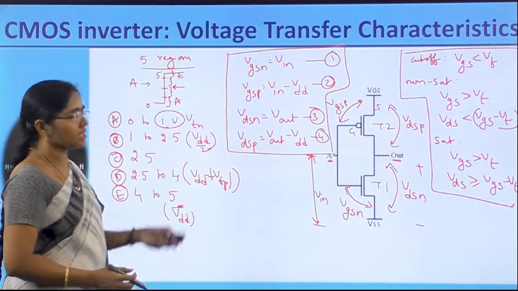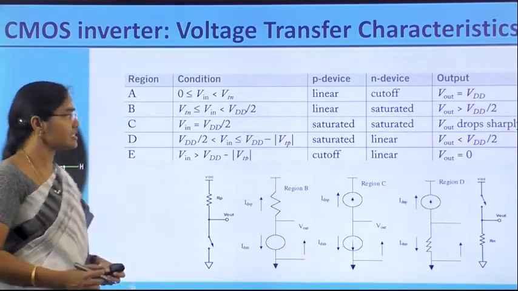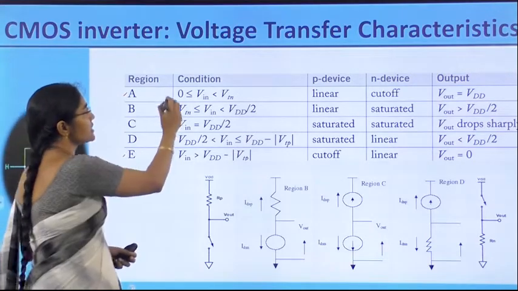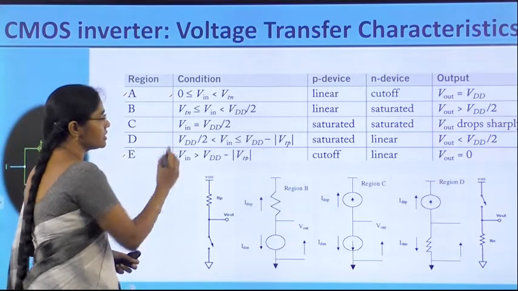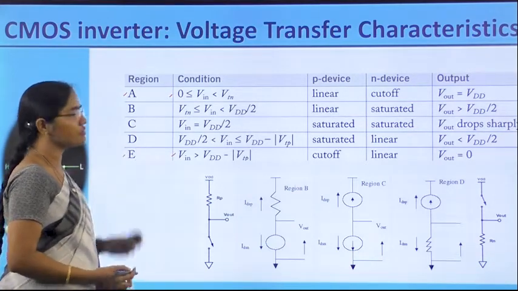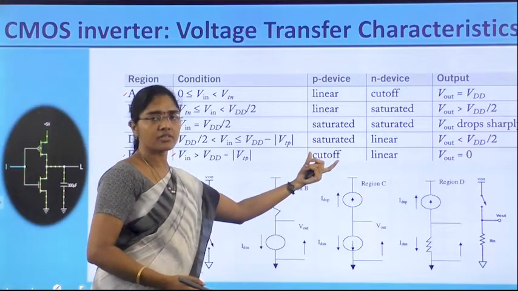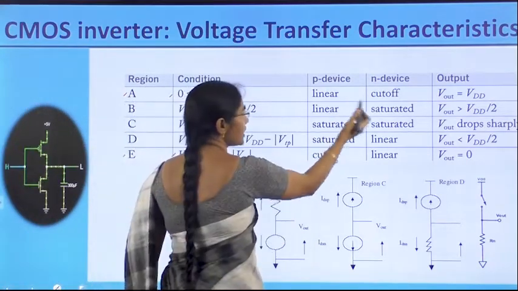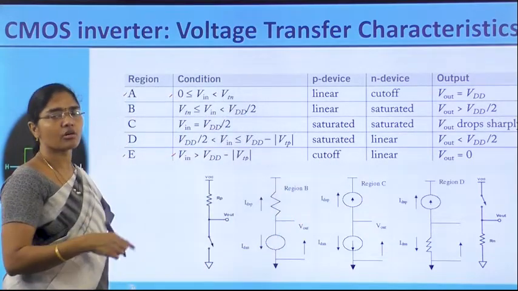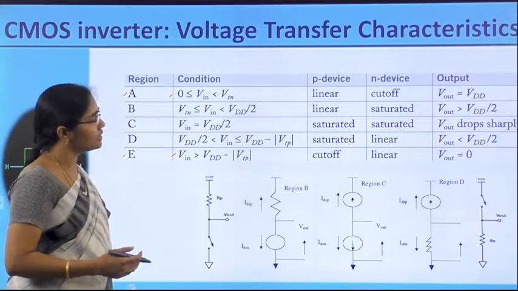So, see all these 5 regions of operation. Region A to region E, with the voltage conditions 0 to VTN, up to VDD minus VTP to VDD, 5 regions of voltages. Now the equivalent states of transistors T1 and T2, whether linear, cutoff, saturation and so on, mean the transistor operations based on the equations above.